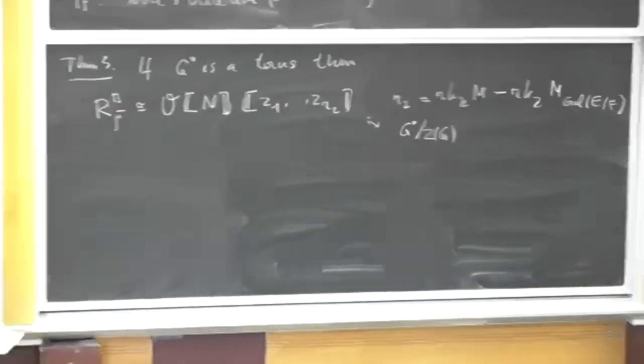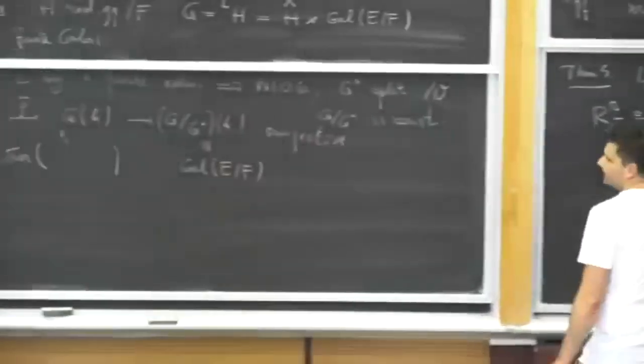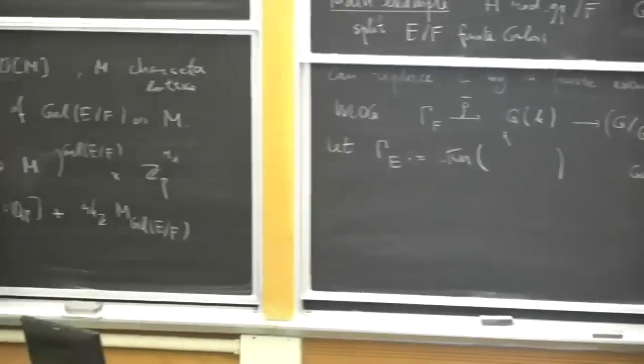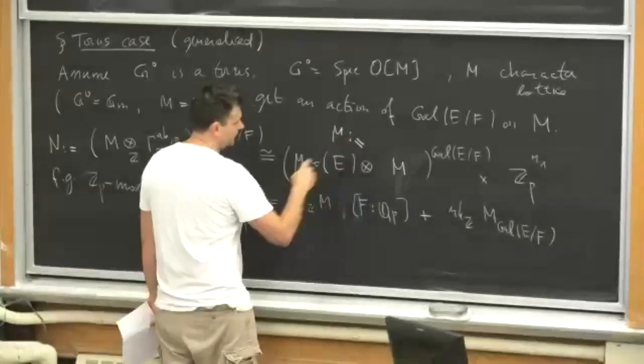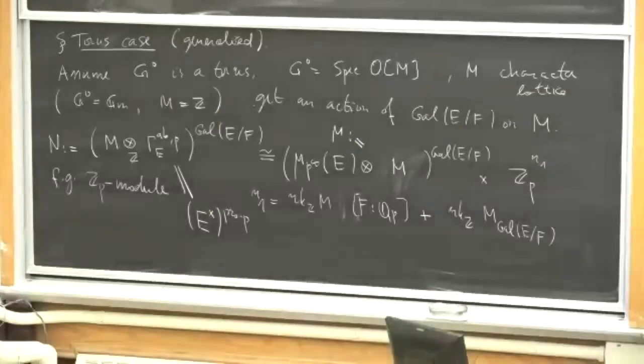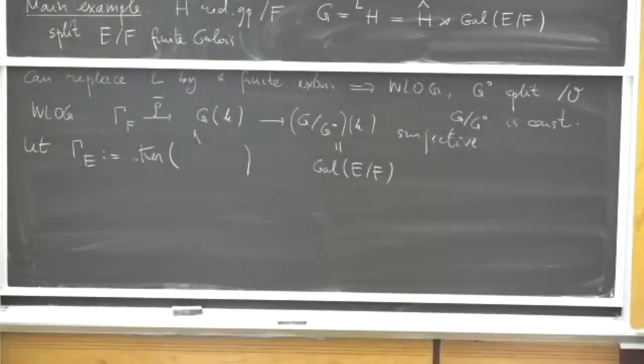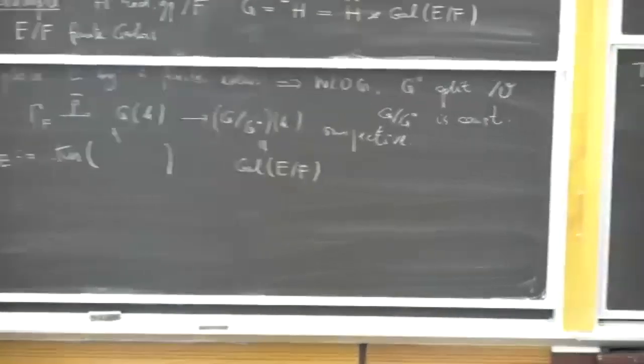Okay. So let me maybe note this. So this is a finite abelian group. So this is isomorphic to O of mu, this group algebra.